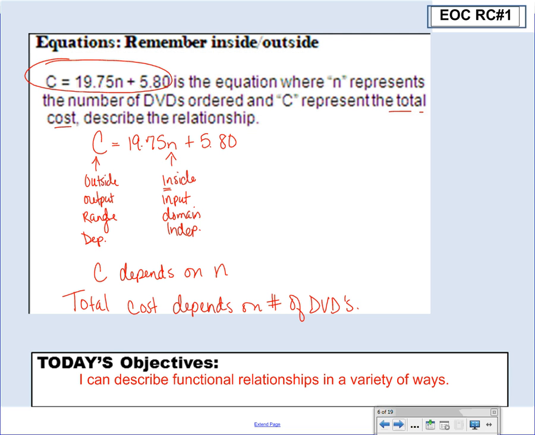C or N? Which variable, C or N, is your independent variable? N. The other question could be asked, which one is your dependent variable? C. Okay, so if you set it up and look at your outside variable, inside variable, and remember your vocabulary, then you can answer all those types of questions.